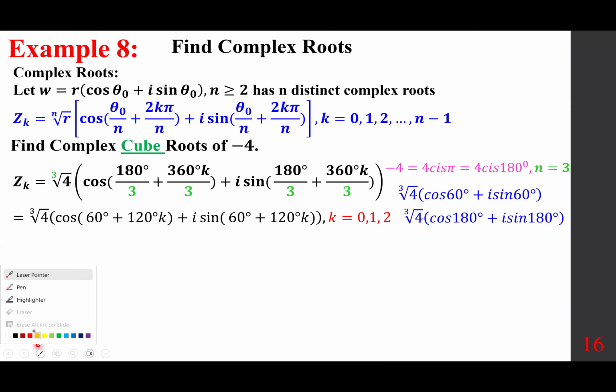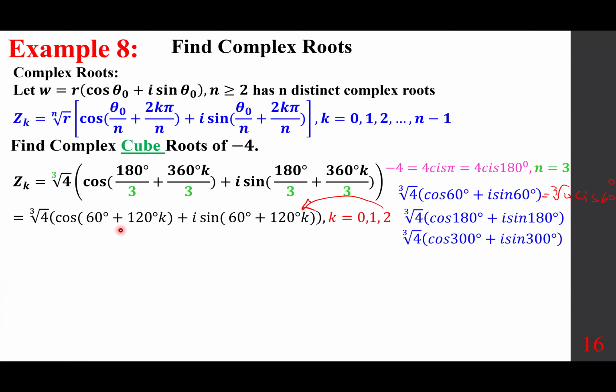Again, the shorthand notation means cube root of 4 cis 60 degrees. The other one would be cube root of 4 cis 180. Now, if I put 2, I get 240 plus 60 is 300. So cube root of 4 cosine of 300 plus i sine of 300.